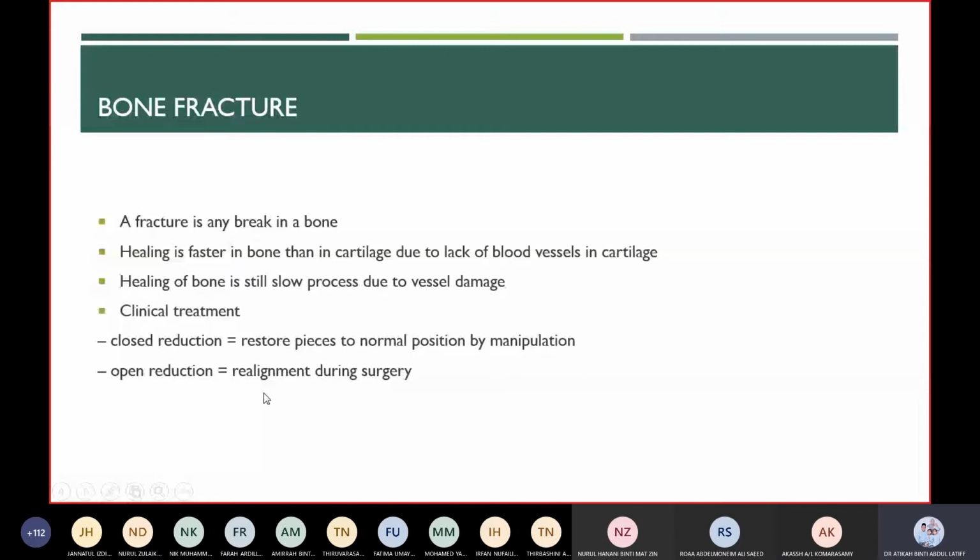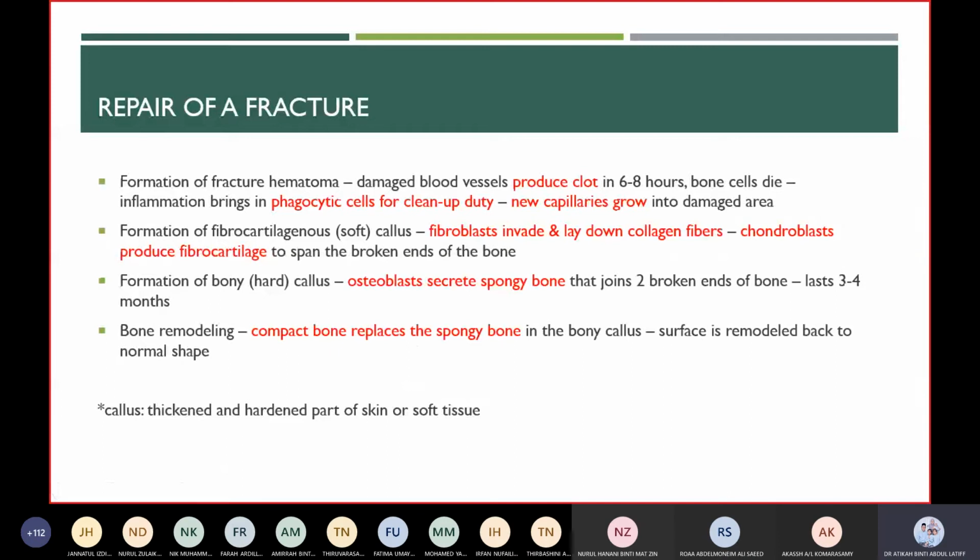Open reduction means you need to open up and do surgery to replace or restore the bone into its normal position. Okay, so how is the repair of a fracture? What is the process involved? Okay, so first, a formation of hematoma.